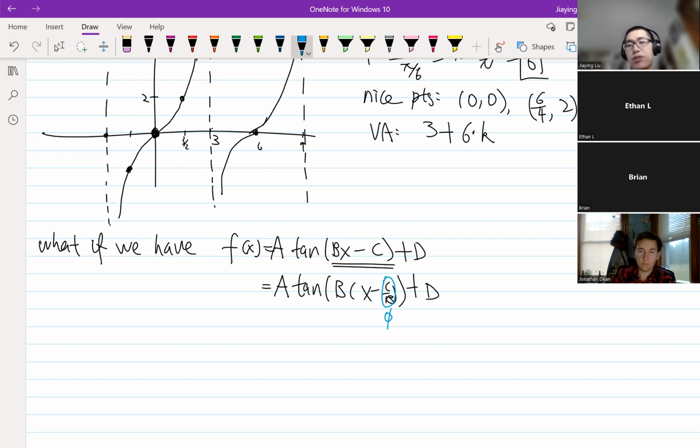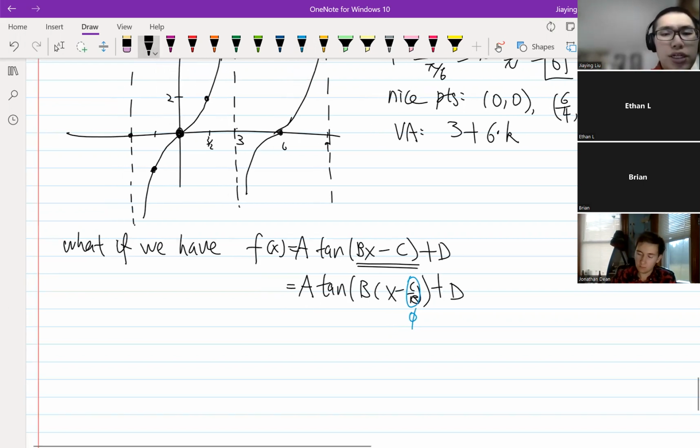So that's the first thing. That's going to tell us how much we shift the graph. And the d is going to tell us how much we move it up, because with the regular tangent, the midline is right on the x-axis. With the d there, it's going to tell us how much we move it up and down.